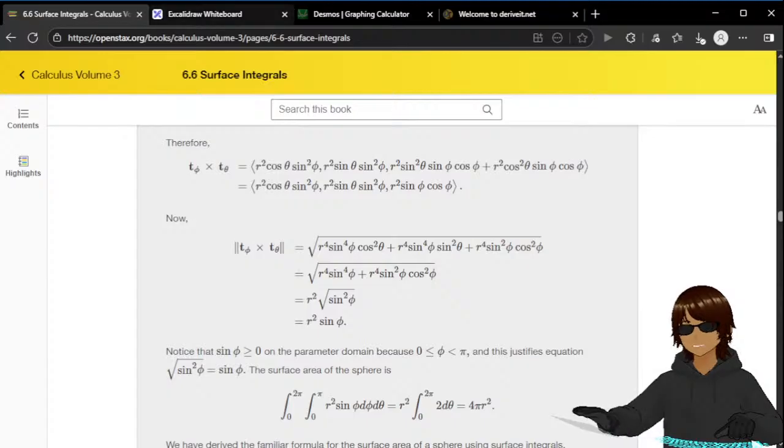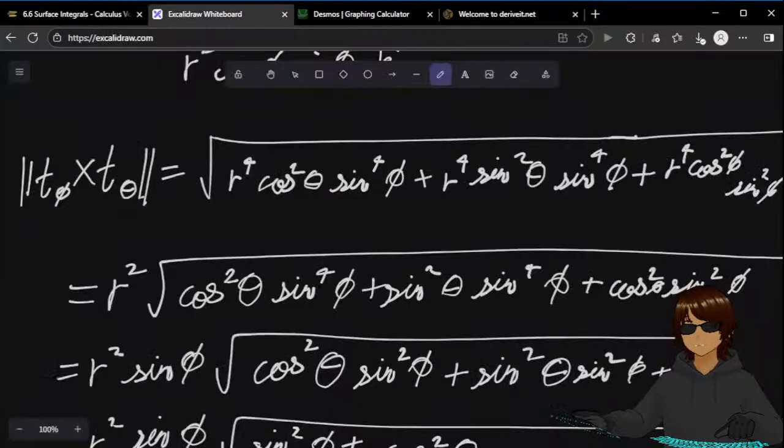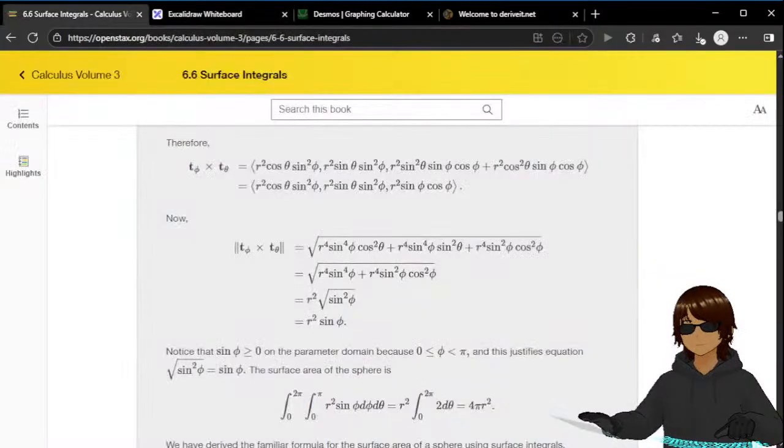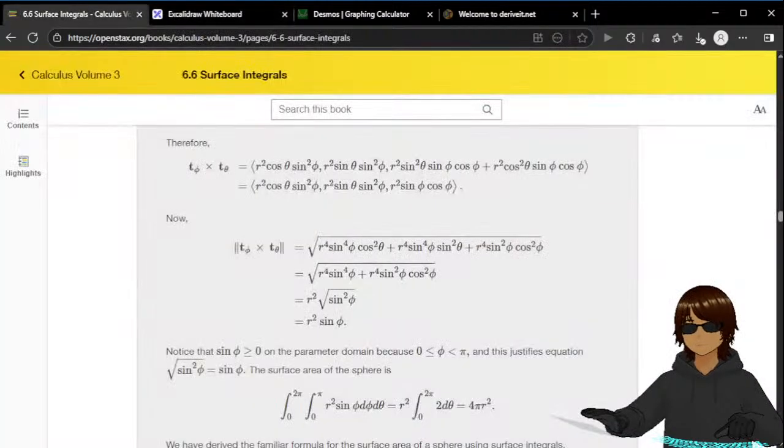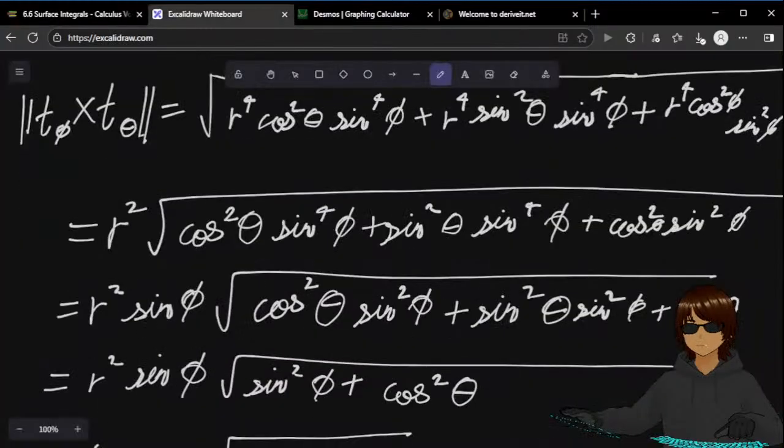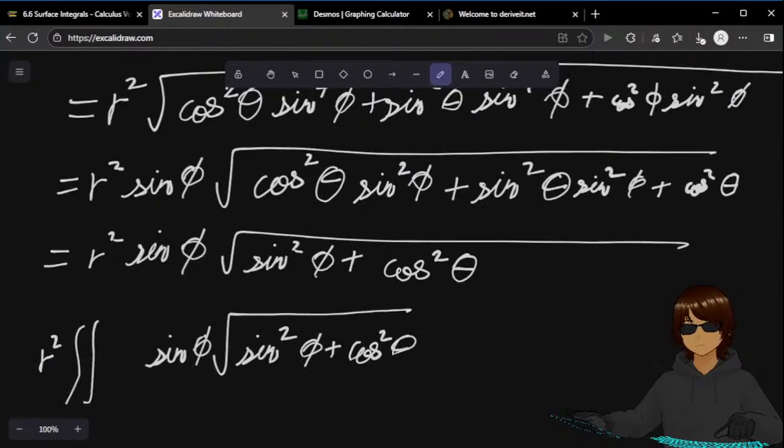Okay, I made a mistake. So r to the power of 4. Sine 4 cos 2, sine 4 sine 2, sine 2 cos 2, phi phi. Oh, this is phi over here. I wrote theta.